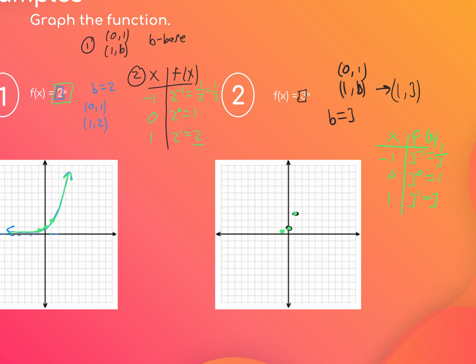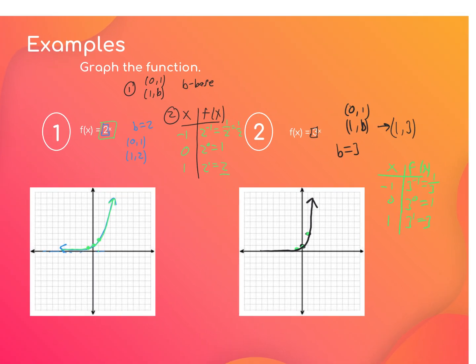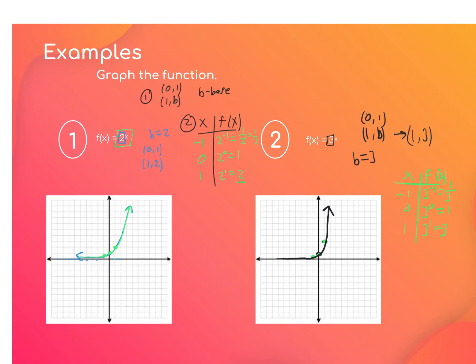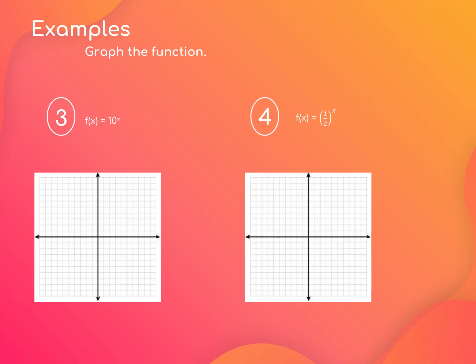Just like before, know that we're going to hug the x-axis a little bit, never touching it, and then we're going to shoot up. So always, always, always, they're going to have a shape that looks something like that, or if it's a decay, it's going to look something like that. So it's always good to know. The shape of these is very predictable. All right, let's keep going.